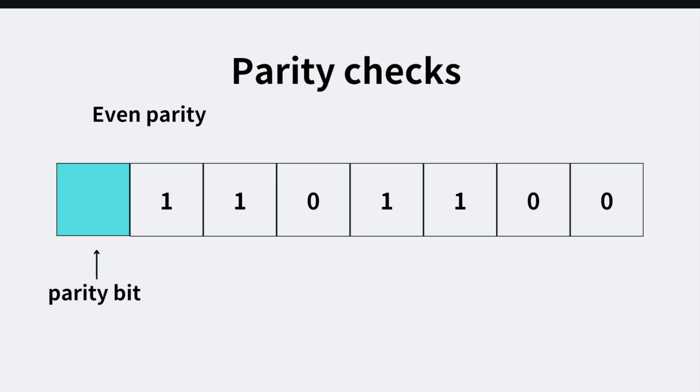That means we need to ensure that the total number of 1 bits in the byte is even. So for this case, there are 4 1 bits in this byte, and 4 is an even number. So the parity bit needs to be set to 0.